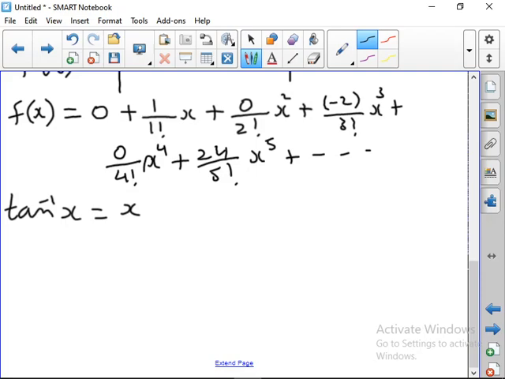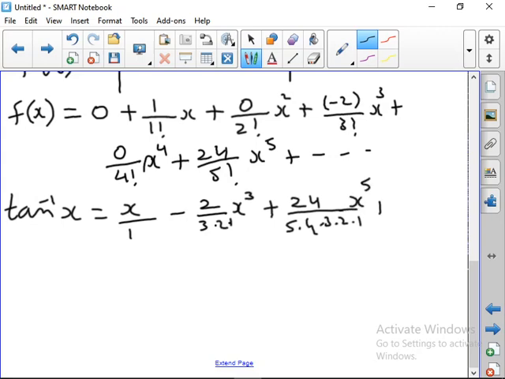Then we have minus 2 by 3 factorial. 1 factorial is 1, 3 factorial is 3 into 2 into 1 into x cube. Then plus 24 by 5 into 4 into 3 into 2 into 1 x power 5 plus etc.